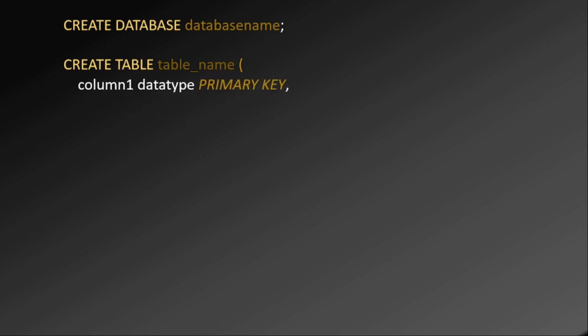For this database to be properly aligned or structured, we need tables to organize our database. We're going to create a table using the CREATE TABLE function, and then you specify the table name. You're going to define each column per table. For example, if you're having a user table, you are going to have column 1 maybe as email, and the data type of the column, for example, it might be a string, it might be a number, it might be anything.